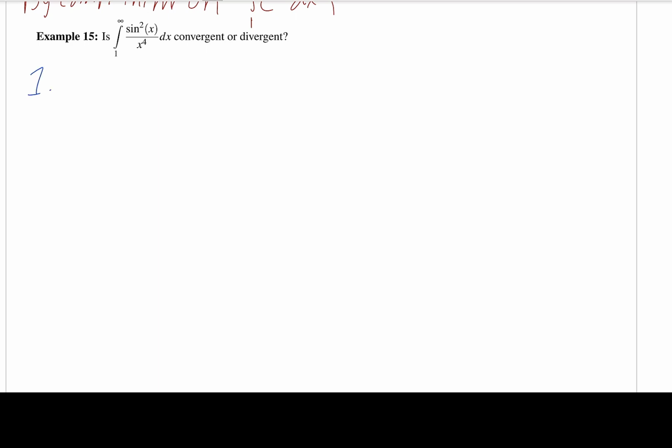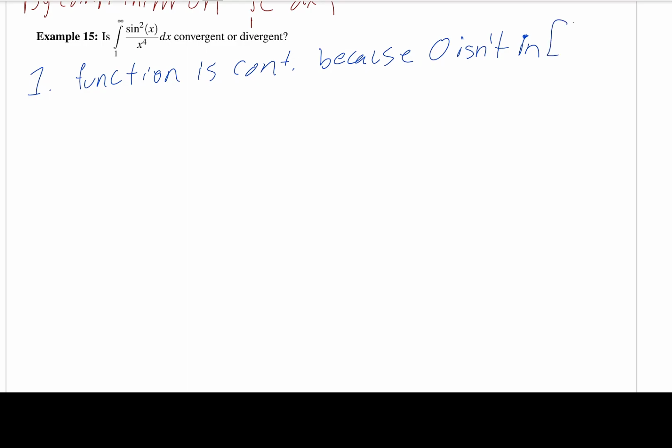So the function is continuous because 0 isn't in the interval from 1 to infinity. Okay, now I need to find a comparison.